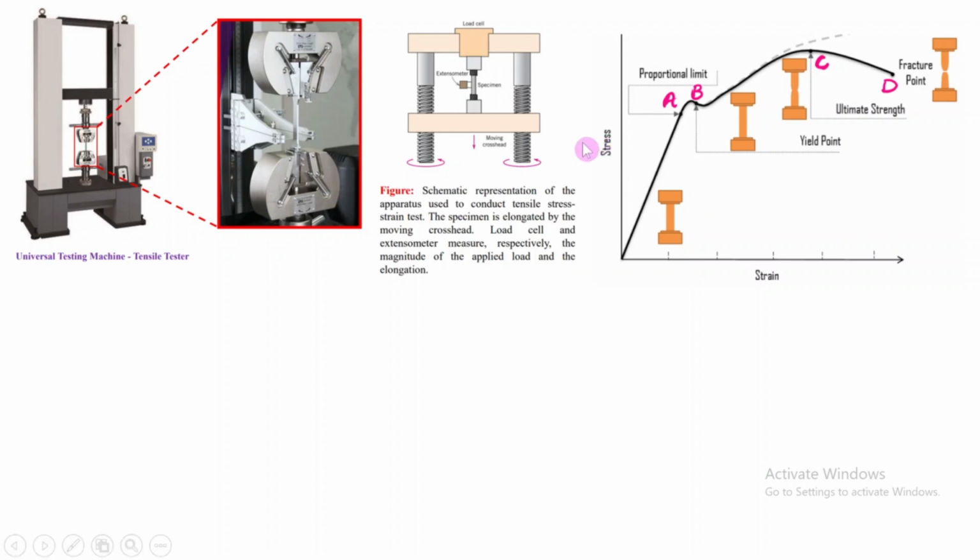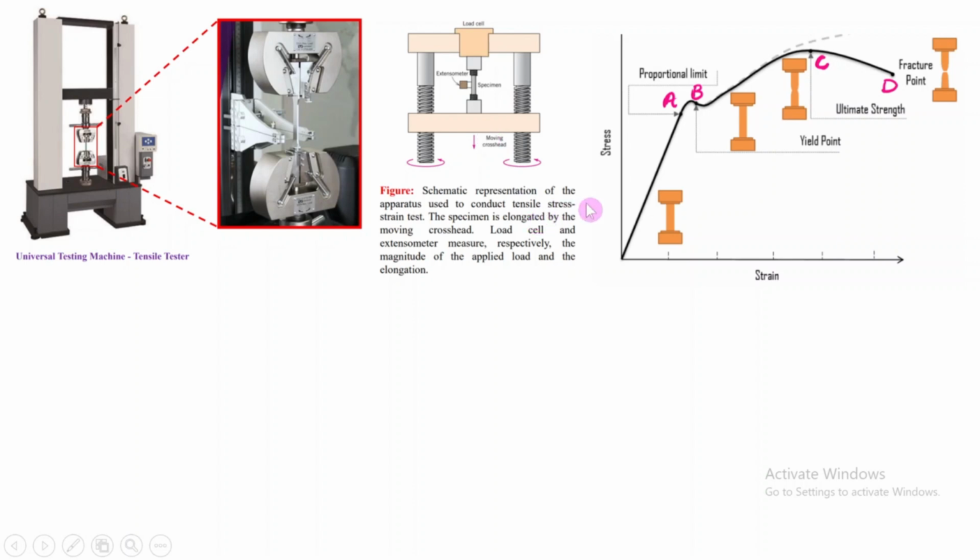The external force per unit area is called the stress, and if we apply stress on the sample, some change occurs in the length of that sample. That change is called the strain. From this graph, we conclude that if we apply stress on this sample, some elongation occurs in this sample.